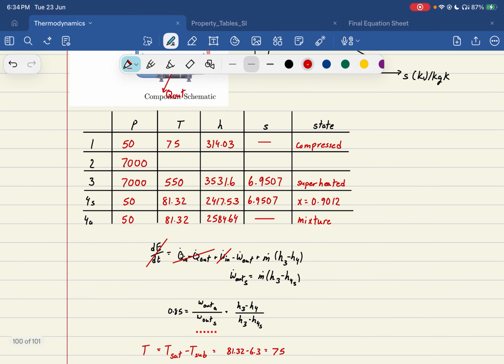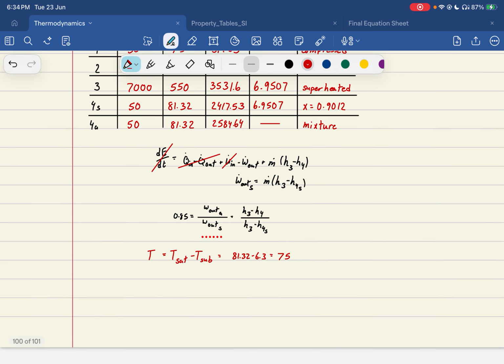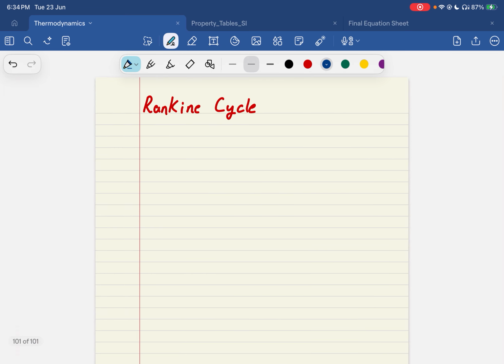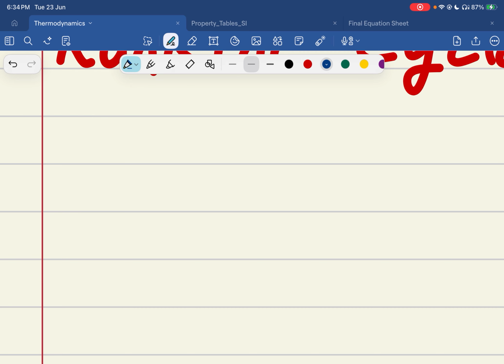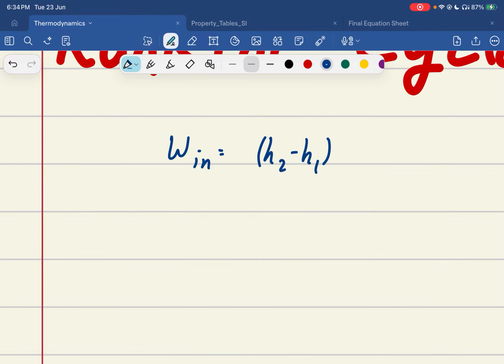And we want to find the work in the pump now, because that's going to help us find state 2. So, work in the pump, we have to do a pump work approximation. So work in is going to be H2 minus H1, m dot, or we can just simplify this to say work in kilojoules per kilogram.